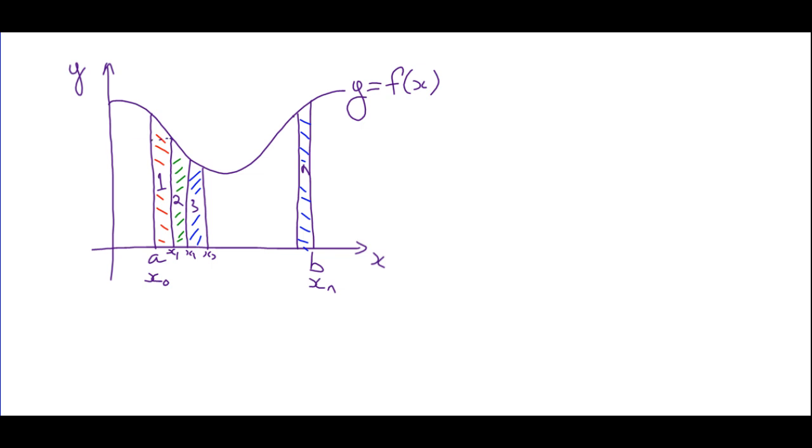And so we're going to do a rectangle. This is f of x1. This is f of x2, right? I'm using the right endpoint. This is f of x3, and so on, and over here that's f of x sub n.